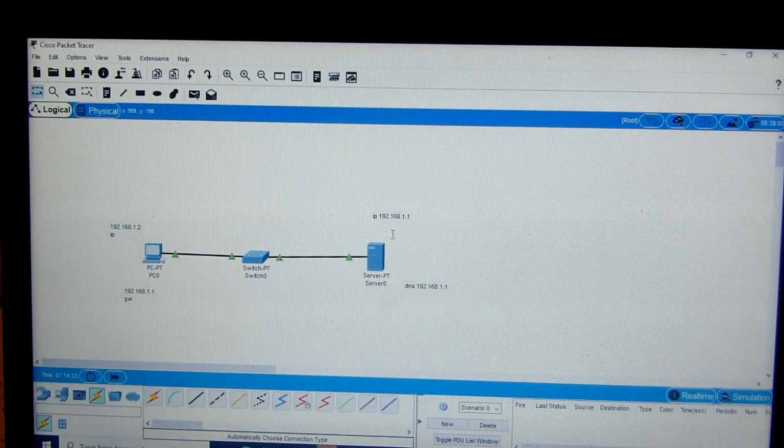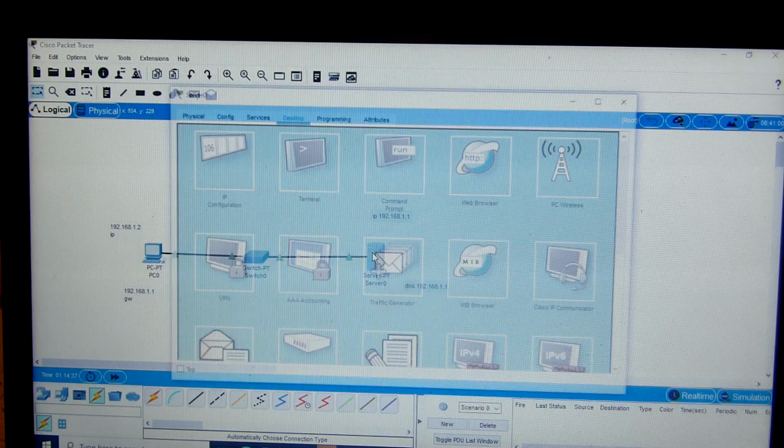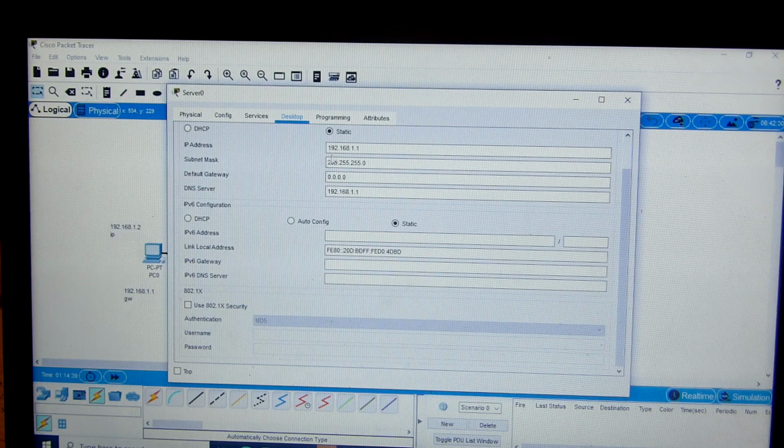Yeah, these are the same. And you see that here, you see they are the same, the IP address and this.